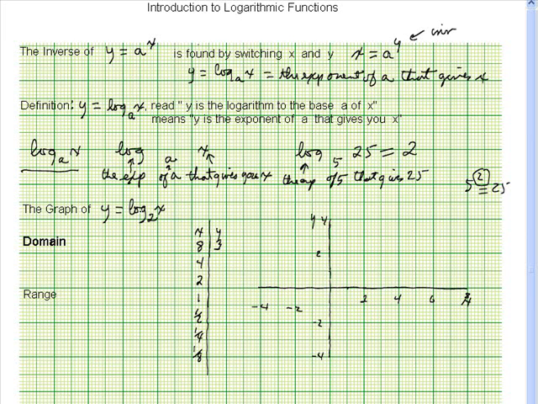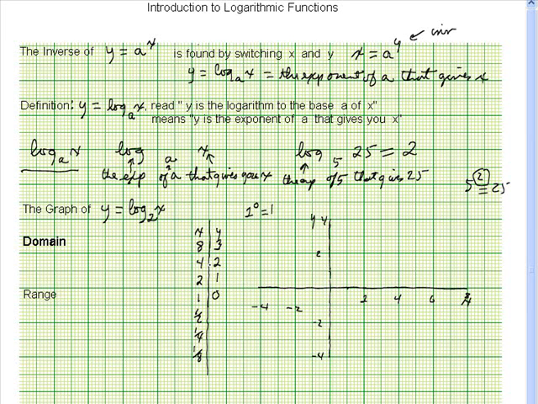If x is 4, y is the exponent of 2 that gives you 4. Well, 2 squared gives you 4, so that's a 2. If x is 2, y is the exponent of 2 that gives you 2, so that's 1. If x is 1, y is the exponent of 2 that gives you 1. Well, 2 to the 0 gives you 1, so y would be 0.